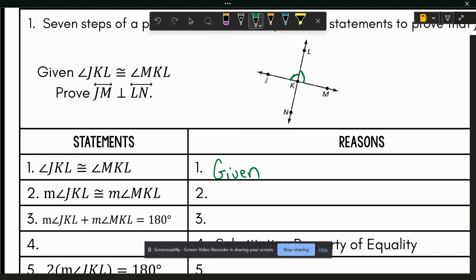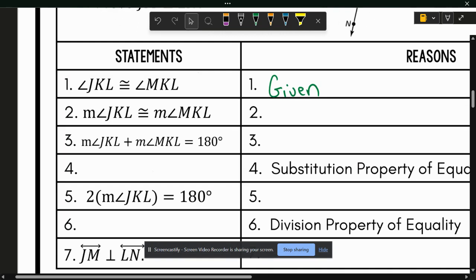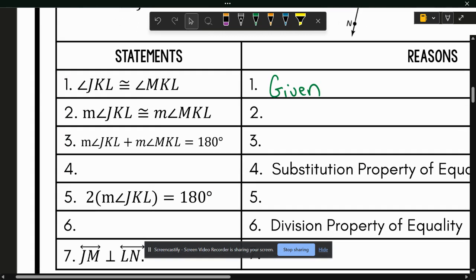And then something new: when we change from congruency to equality, or equality to congruency, this actually has a typo on it. This should just be equality. We call this the definition of congruency, or the definition of congruent angles in this case.